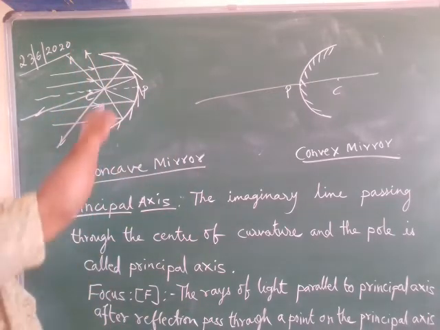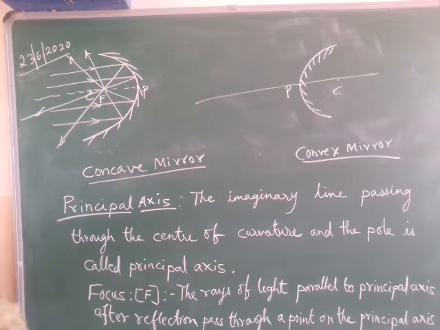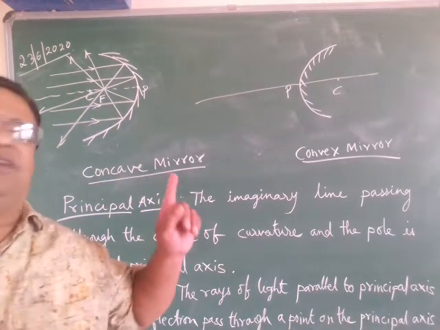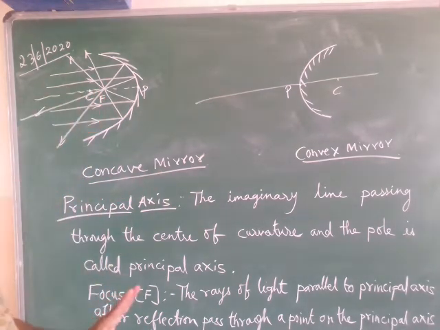You can see all these reflected rays pass through a point on the principal axis, and this point is called the principal focus.